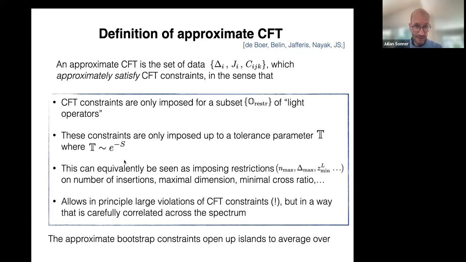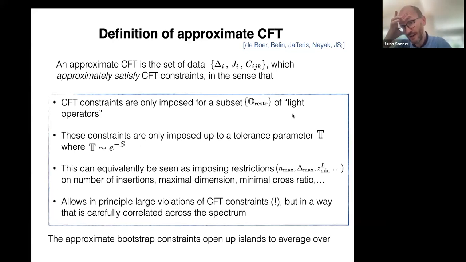Now, let me say a couple of words. Why are they only imposed up to a tolerance parameter T? Well, that's because we certainly impose these constraints for the restricted set of operators, but I have said nothing about the other operators. And in fact, the point is that we do not want to impose this for the other operators.